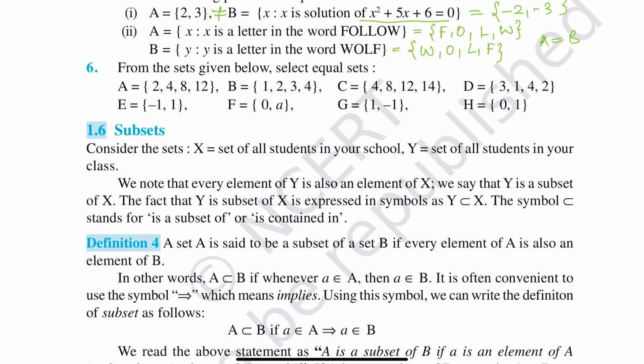So these sets are also equal. So there are two pairs of equal sets. One is B equal to D and second E equal to G.